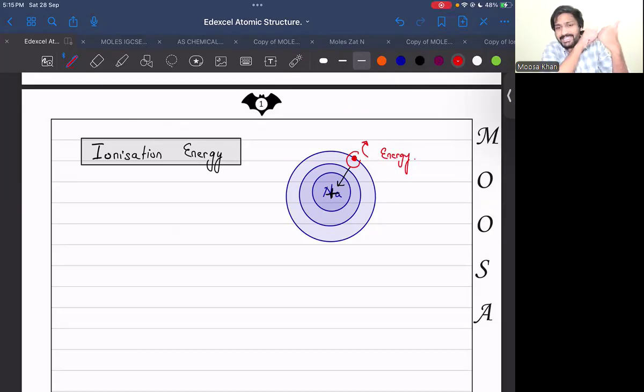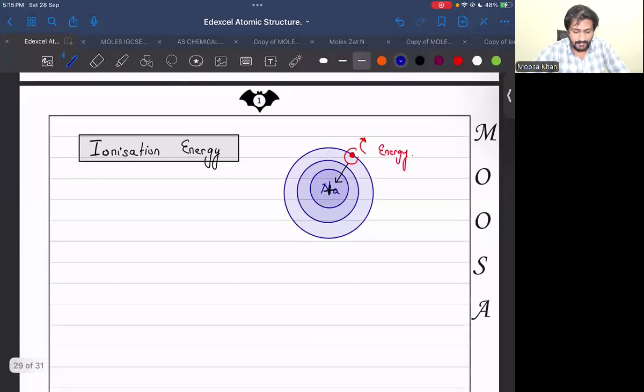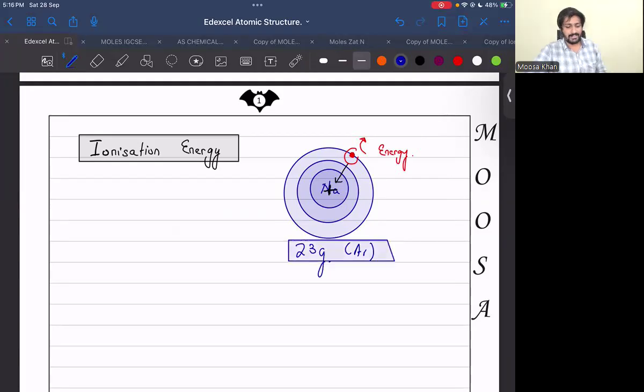Similarly, we couldn't deal with single atoms or the mass of any element back in grade 11 as well. If we said that the mass of sodium is 23 grams, which is the relative atomic mass of sodium, was it the mass of one sodium atom? I'm asking you, was it the mass of one sodium atom? 23 grams.